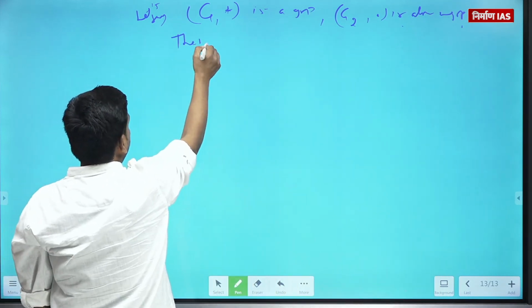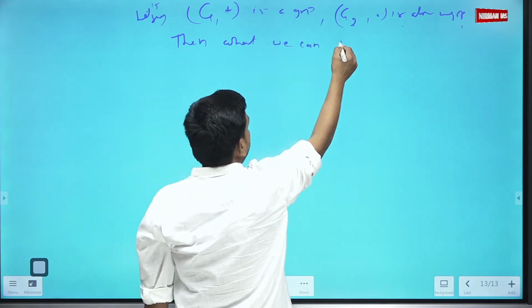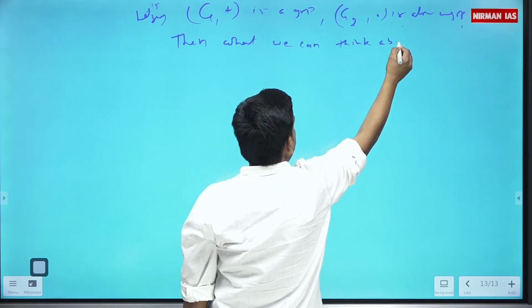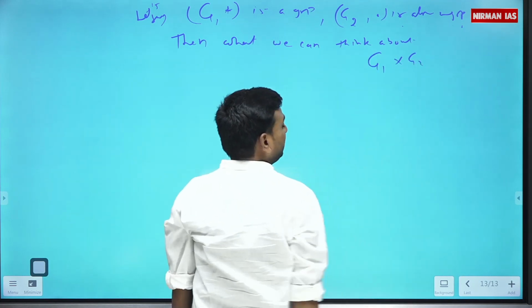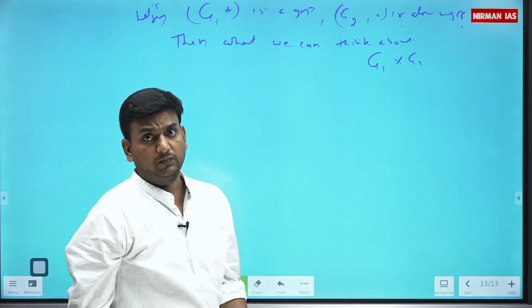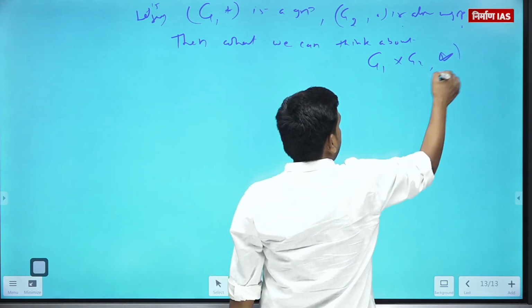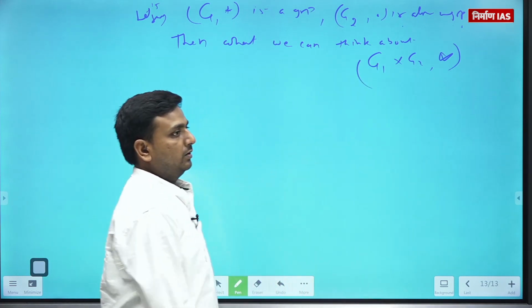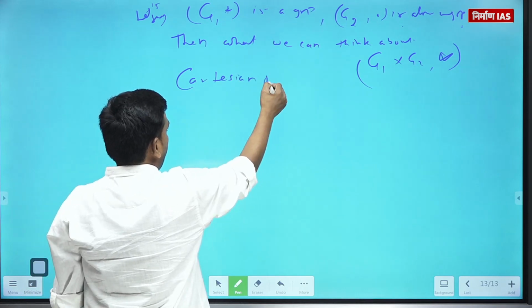Then what we can think about is G1 cross G2 with respect to some composition. You can say Cartesian product.